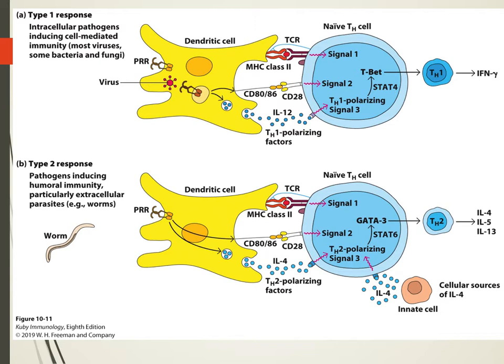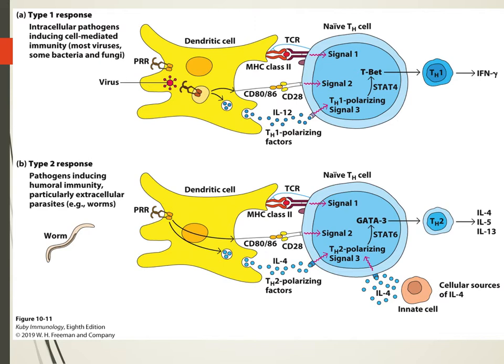Okay, so again, we would have that virus inside, and it's being presented to the dendritic cell, to the APC, and so it's going to present some of those fragments to that T cell on the MHC, giving us our first signal, and then we're going to have co-stimulatory signaling.